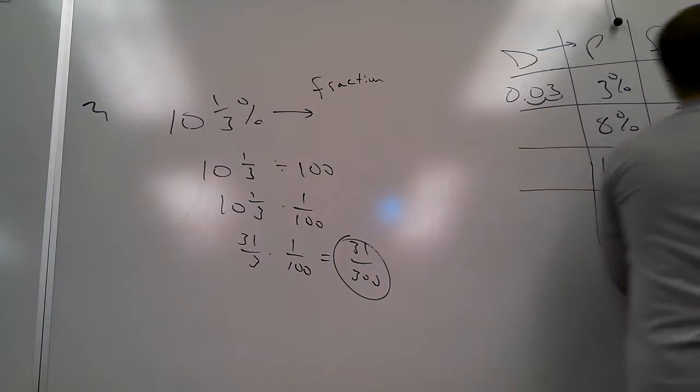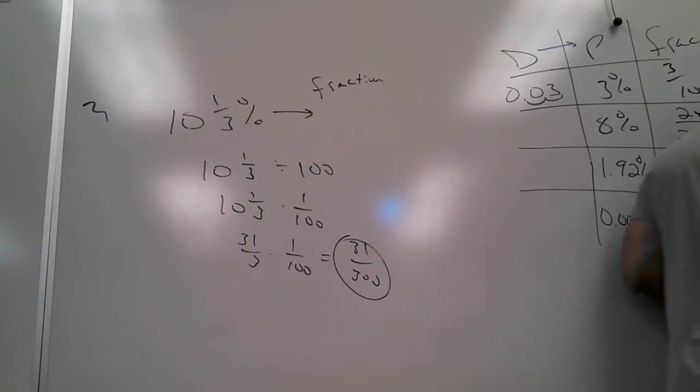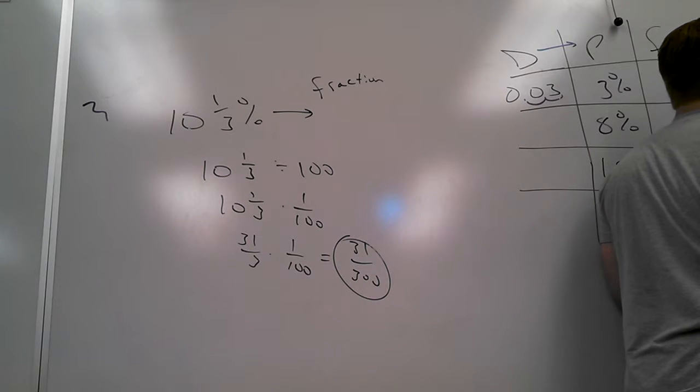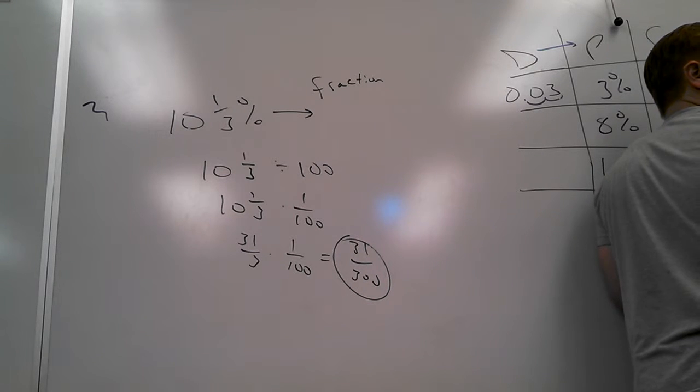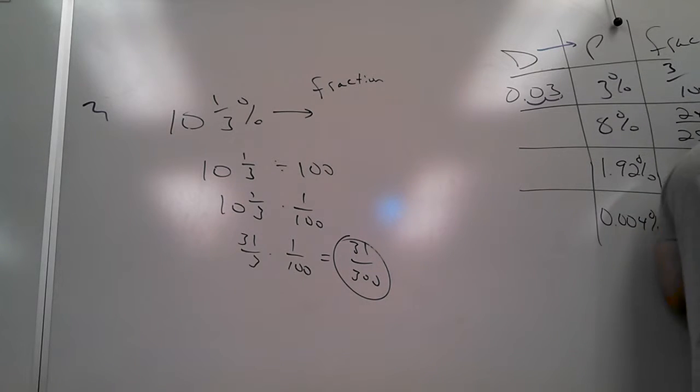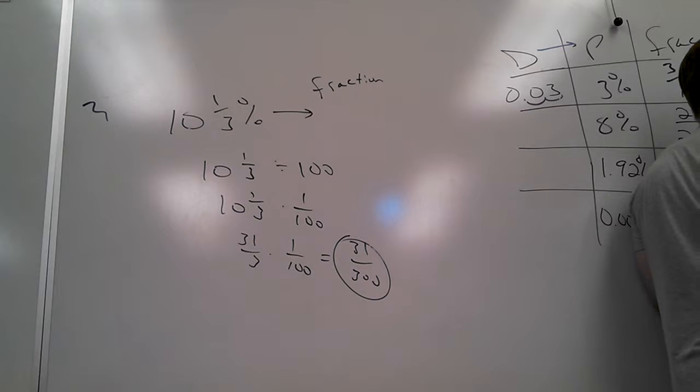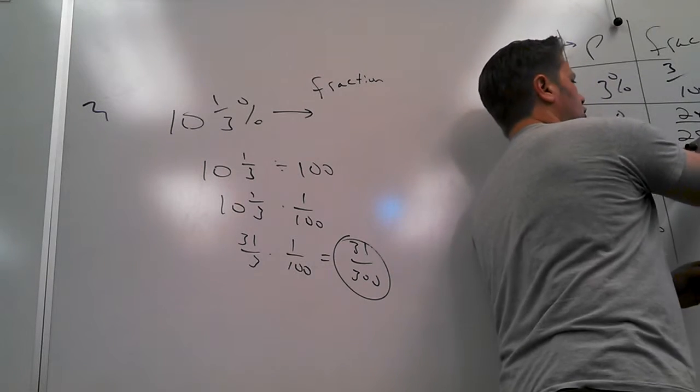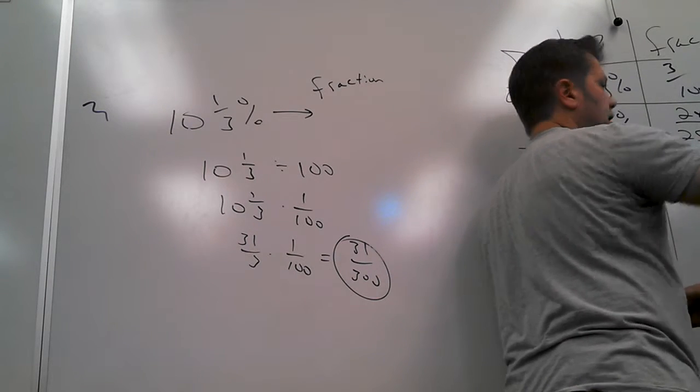If I told you, what is 7 over 100 as a percent? 7%, right? Because percent means out of 100. So if I can make this fraction over 100, it's that percent.